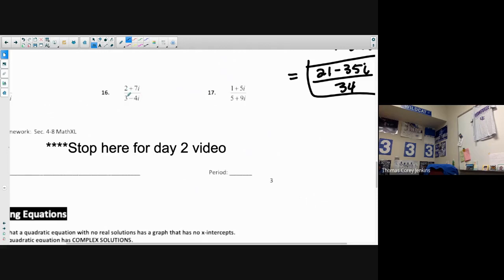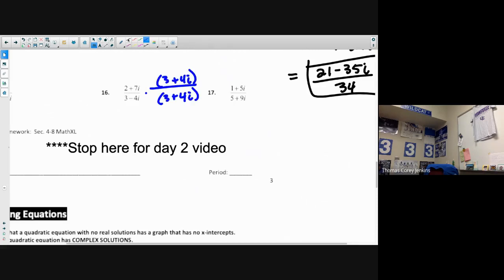So my denominator here is an a minus bi. So I want to multiply. My complex conjugate is 3 plus 4i. Sorry, there's that delay. So I'm multiplying by 3 plus 4i over 3 plus 4i.